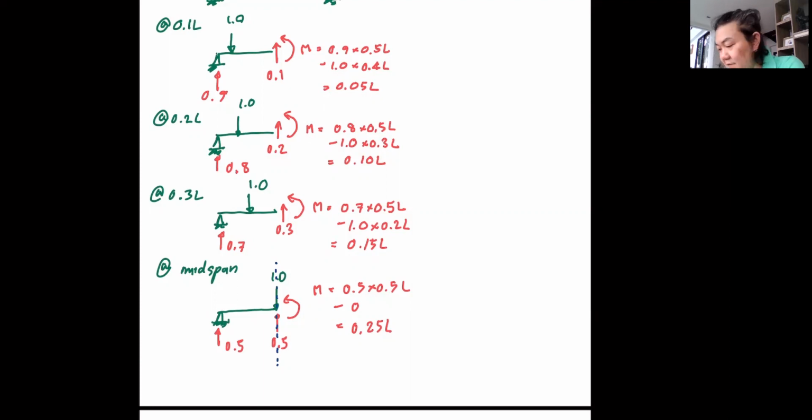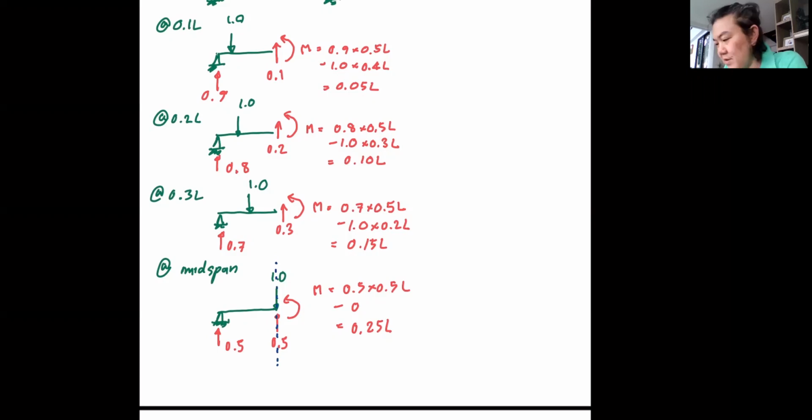If you draw this free body diagram slightly to the right of your point load, and if you draw it slightly to the left, they would be different.